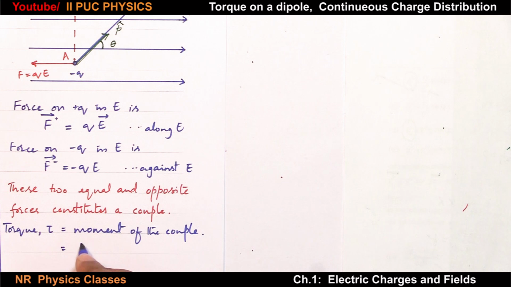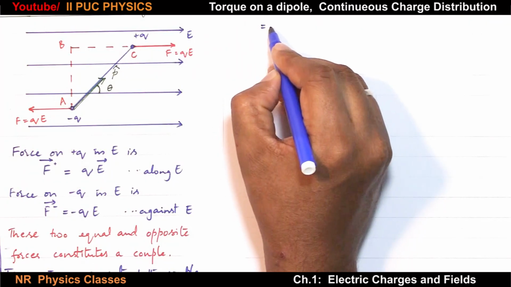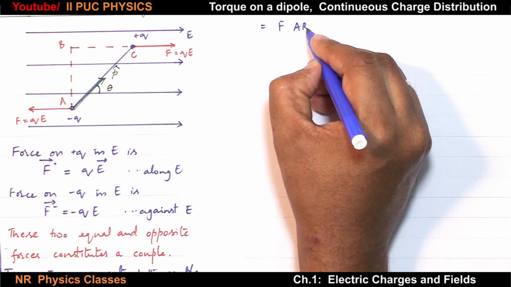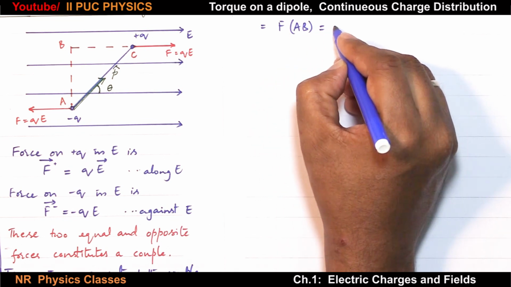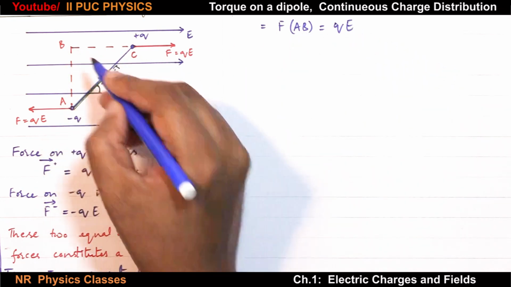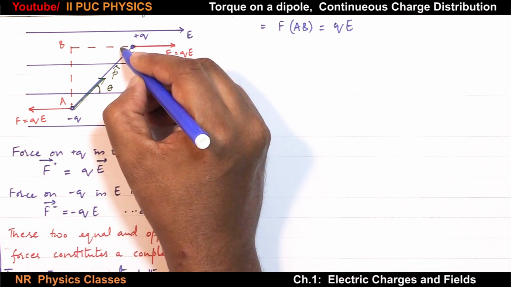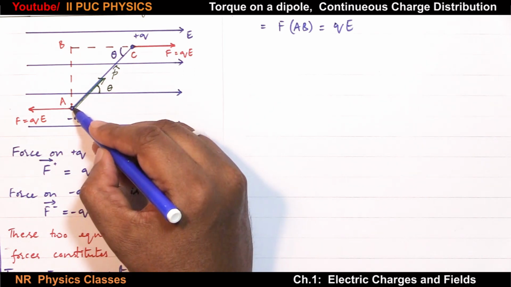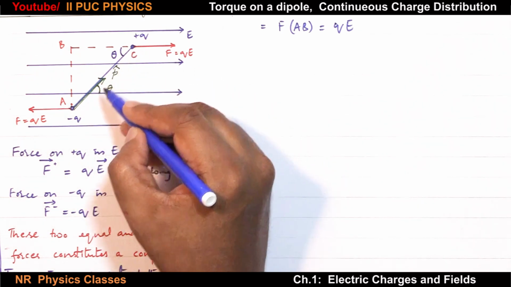So, force into perpendicular distance: F into AB. F is Q into E, and the shortest distance is AB. AB is, observe, if this is theta, this is theta, alternating angles. AC is 2A, the distance between the charges.